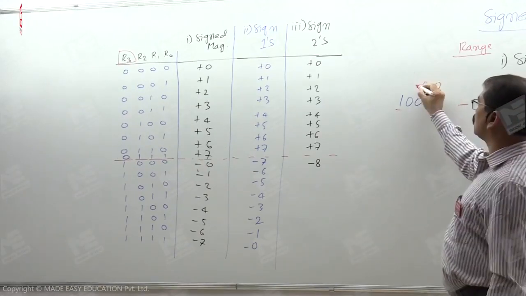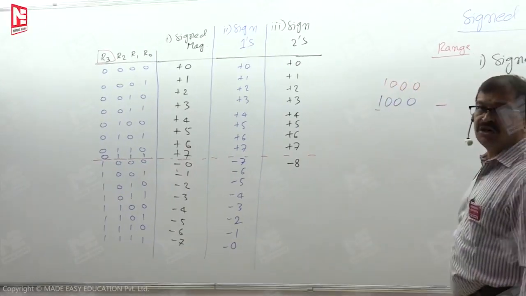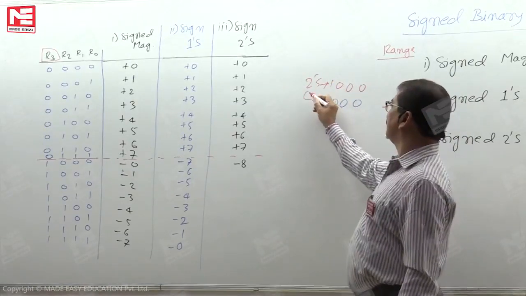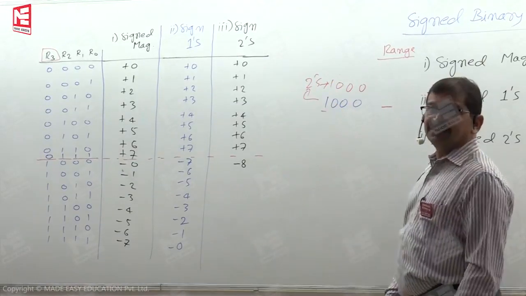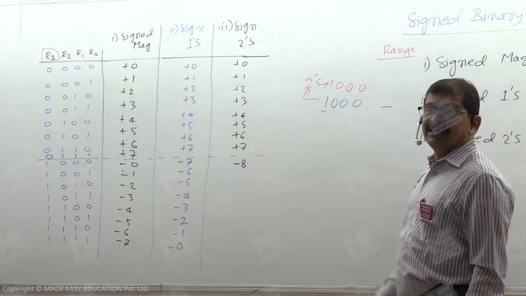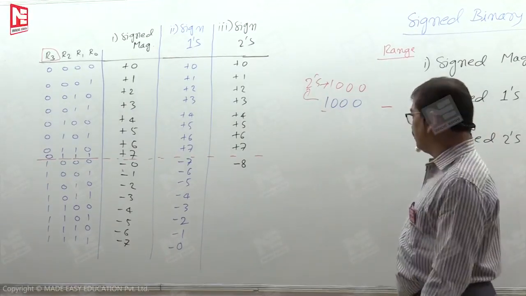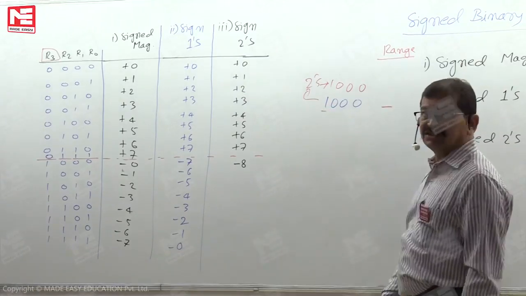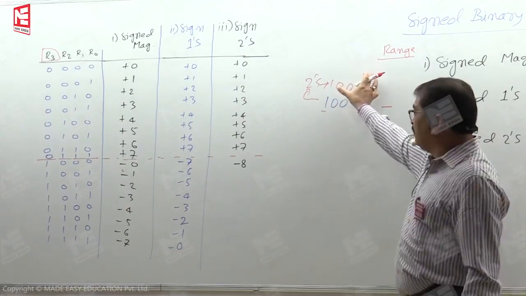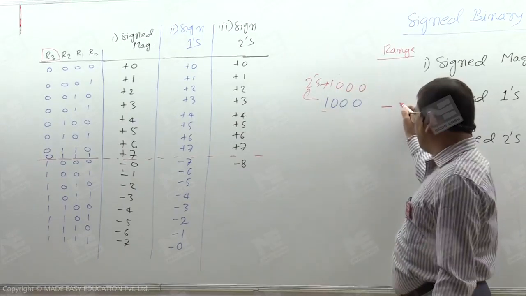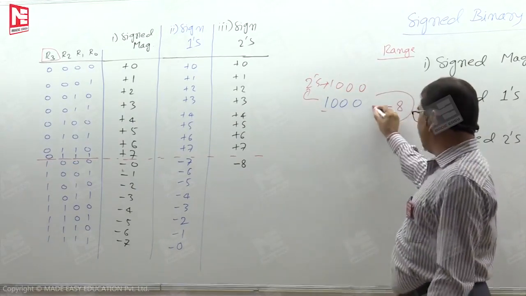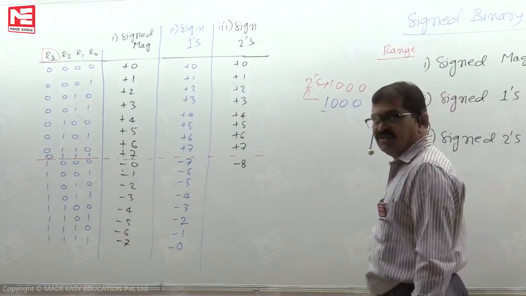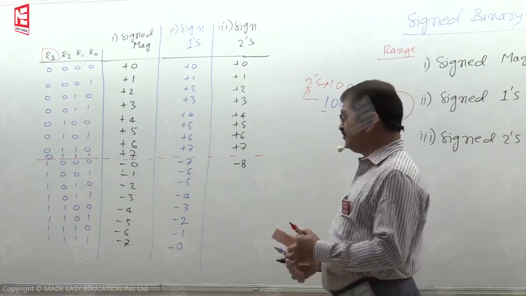As I said, we read the bits as they are until we read the first 1. Later we read the magnitude from this. The magnitude is 8, and along with the sign bit it is minus 8.